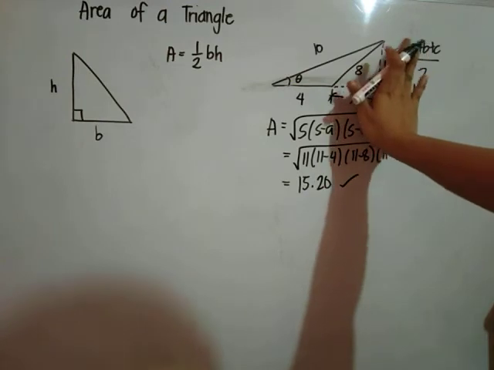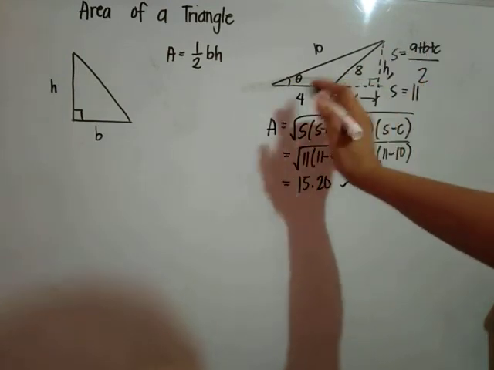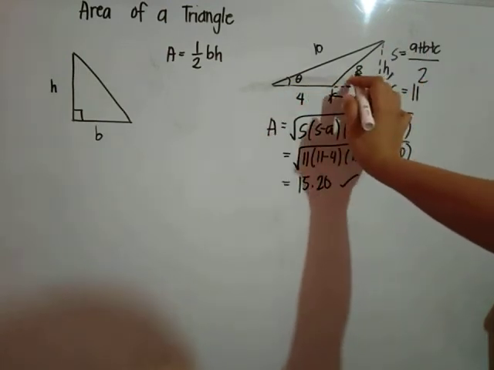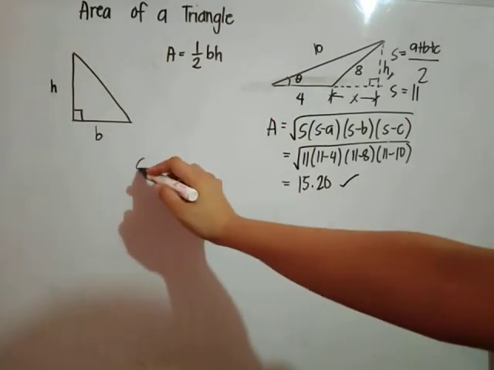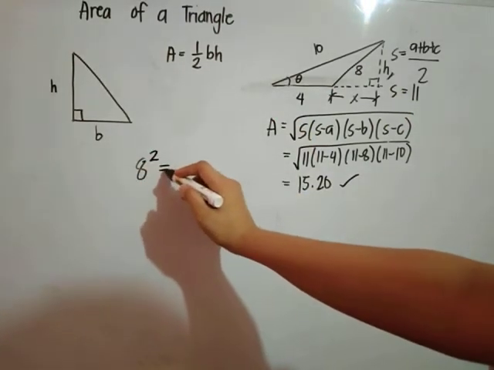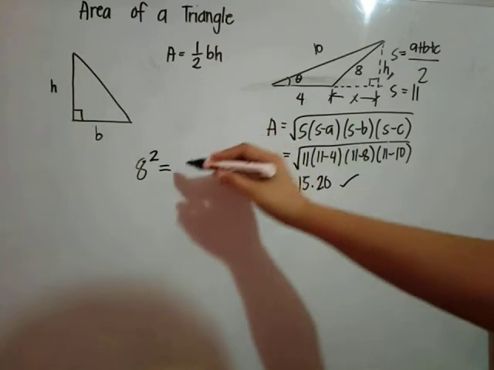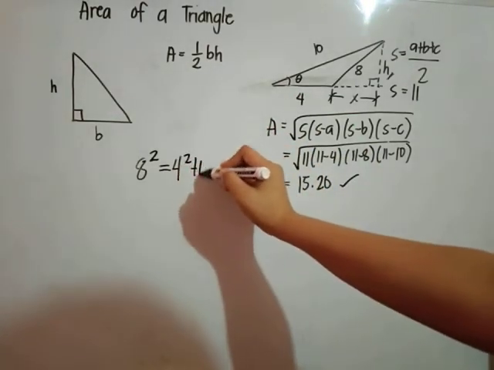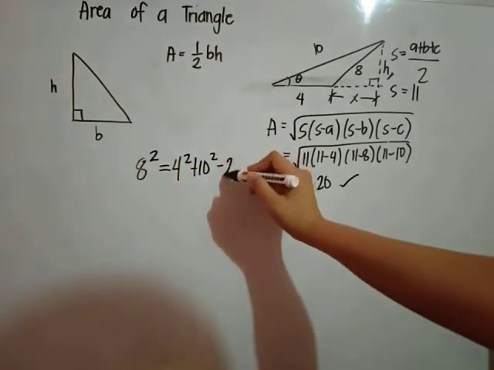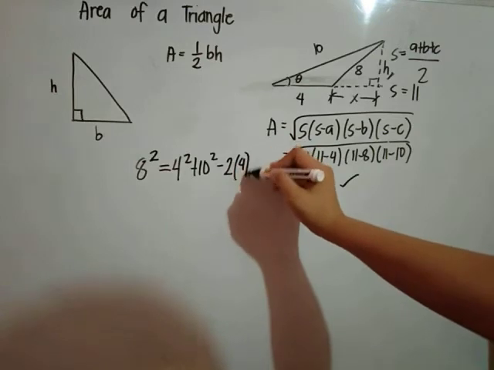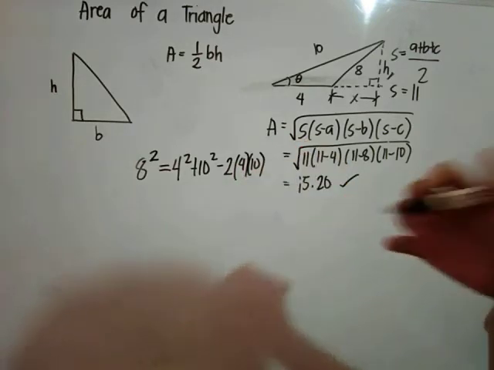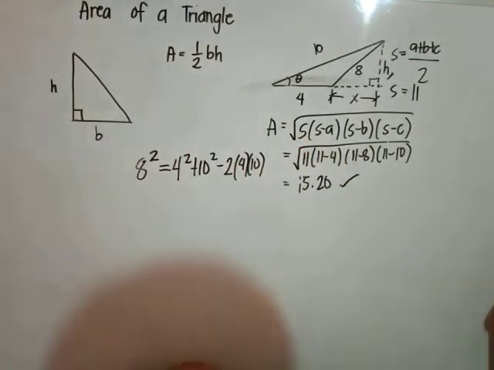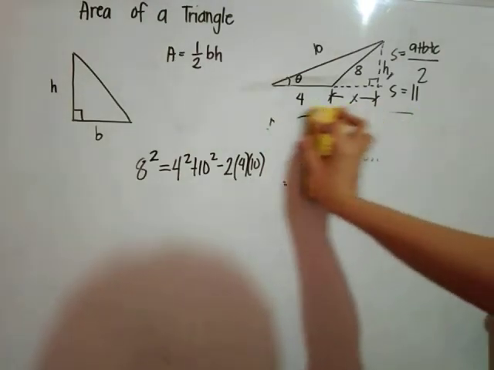So, proceed tayo sa cosine law. So, yung i-consider natin na side is si 8, di ba? 8 squared equals 4 squared plus 10 squared minus 2ab cosine theta.